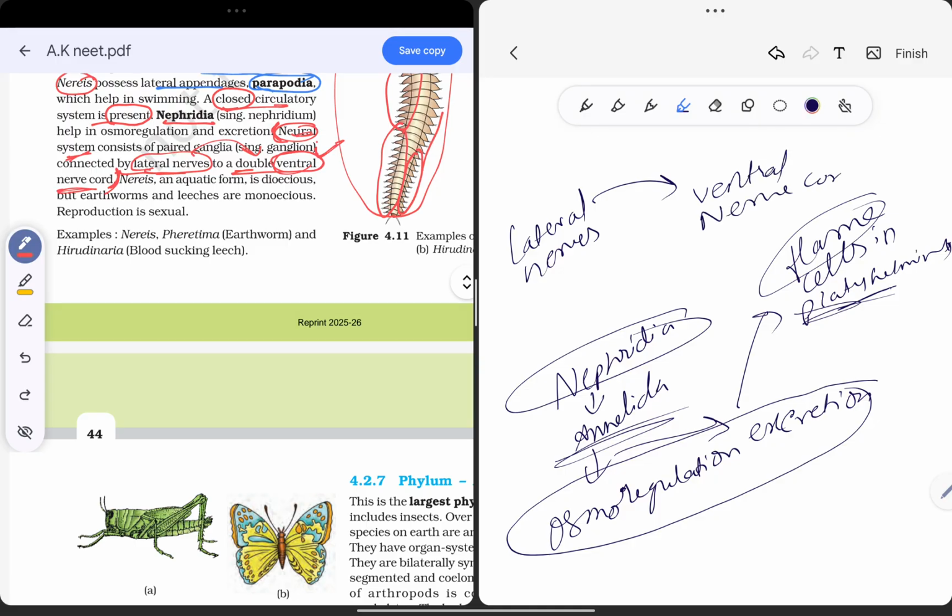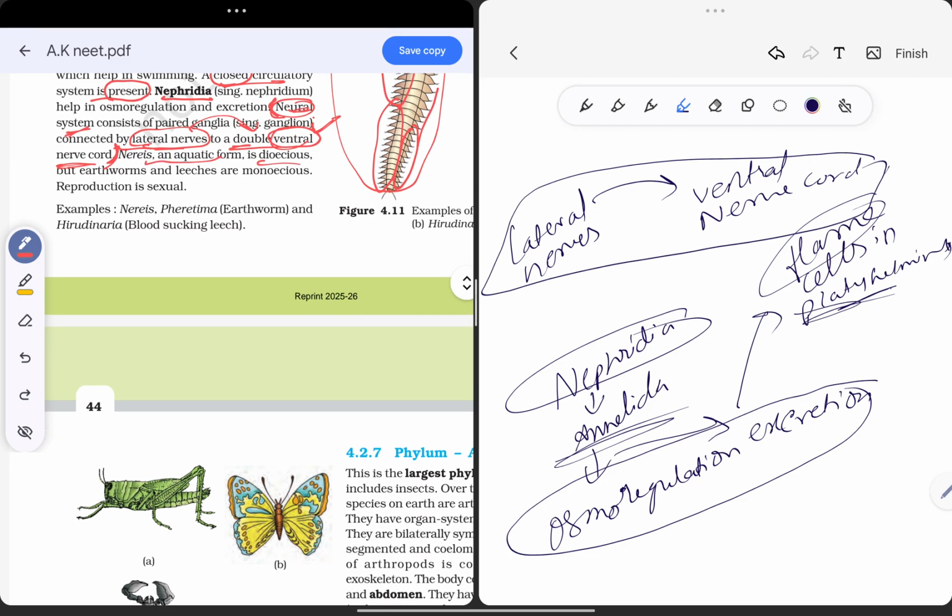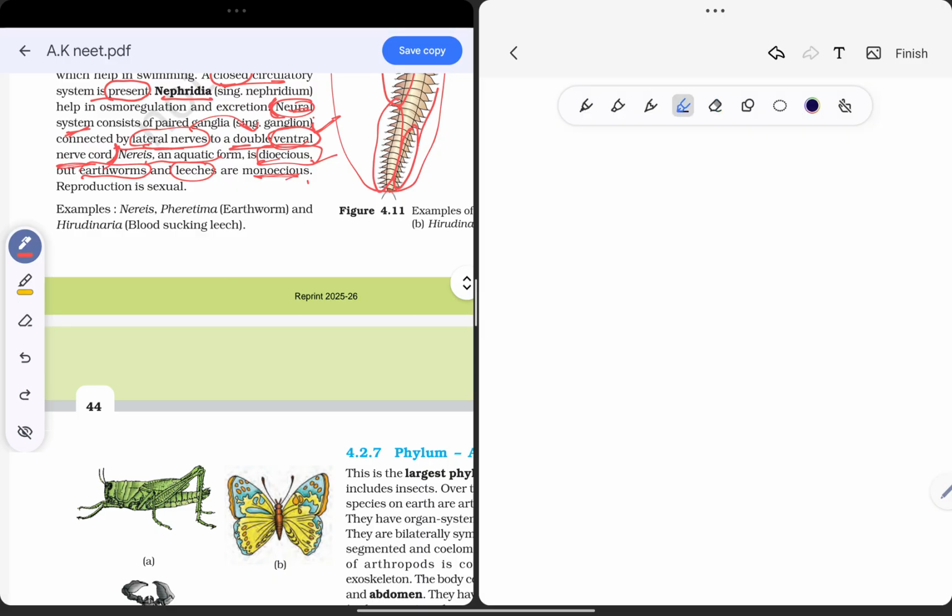Next, aquatic annelids are dioecious, meaning sexes are separate. Sexes are separate, so dioecious. But earthworm and leeches are monoecious. Sexes are not separate. In Annelida there is Nereis, there is earthworm and leech.